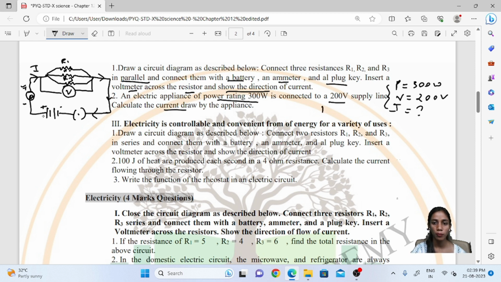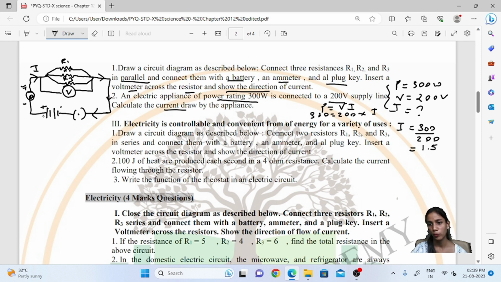We will be using P equals VI, so V is given as 200, I we need to find. P is given as 300. So this can be solved as I equals 300 upon 200, which will come to 1.5.